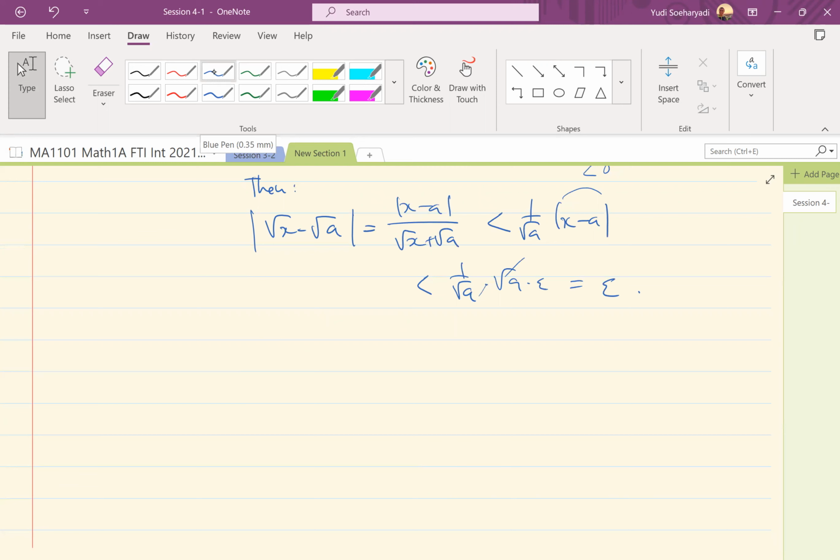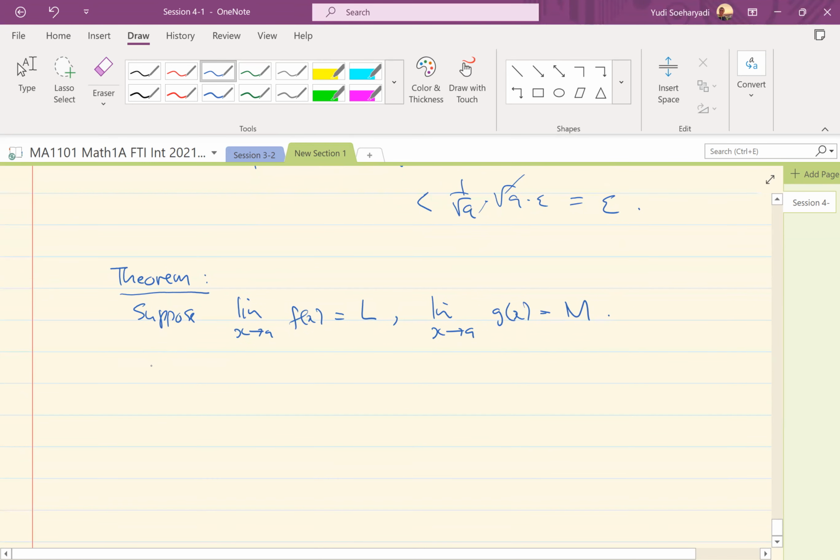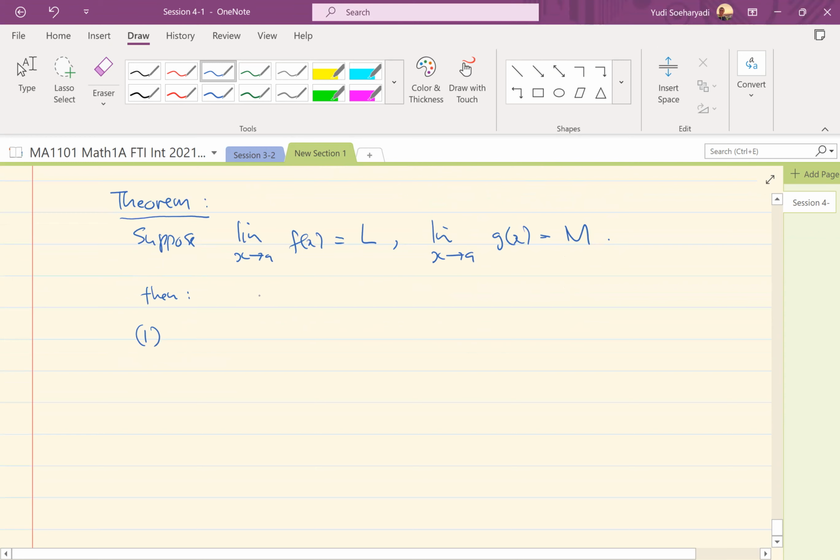Other properties that I would like to show you without any proof: suppose the limit of f(x) is L and the limit of g(x) is M. Then first, you can find the limit of the sum.